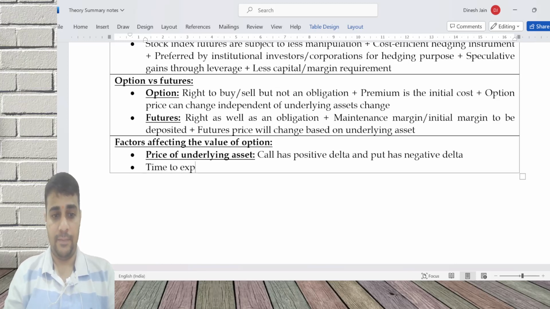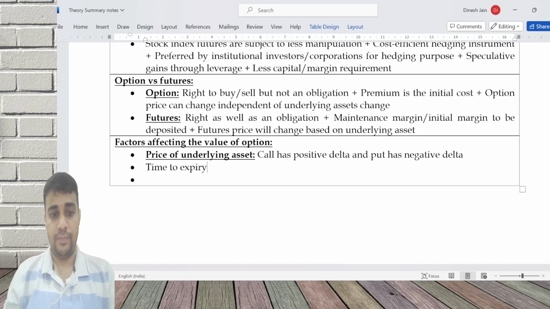Time to expiry: longer expiry will have higher premium.